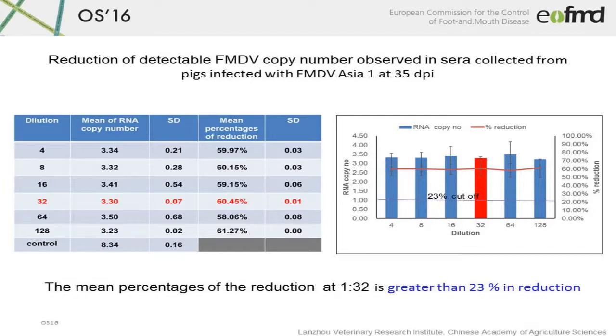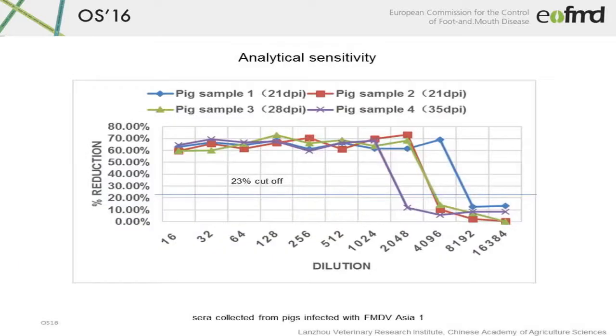So they are all positive, and we do the further validation with 4 different positive serum samples, doing serial dilution to see the analytical sensitivity of this test.